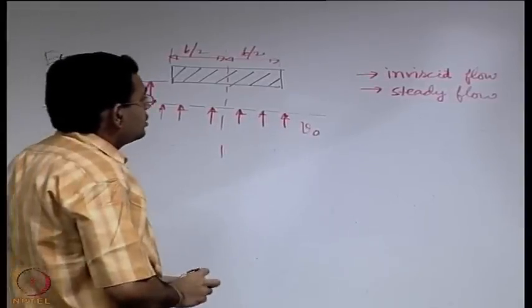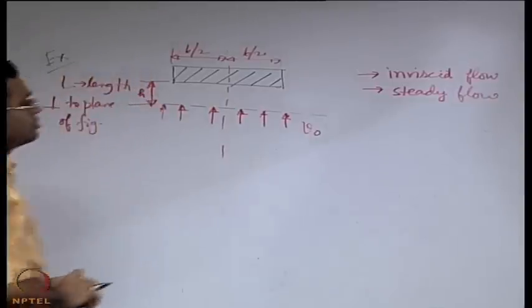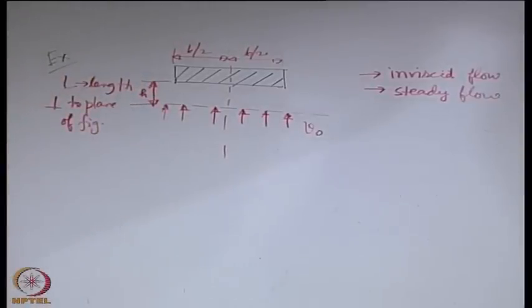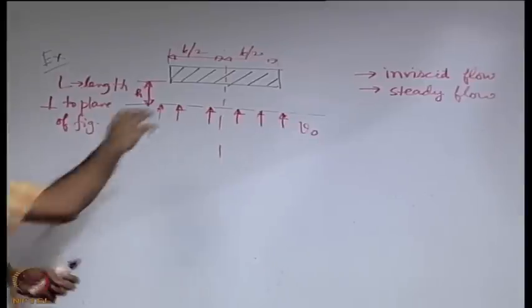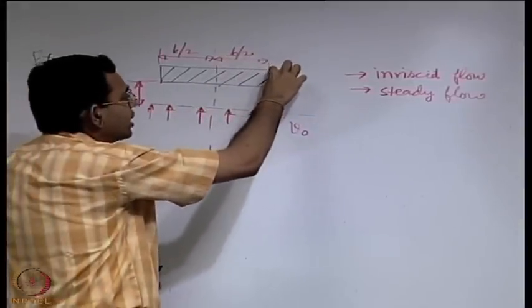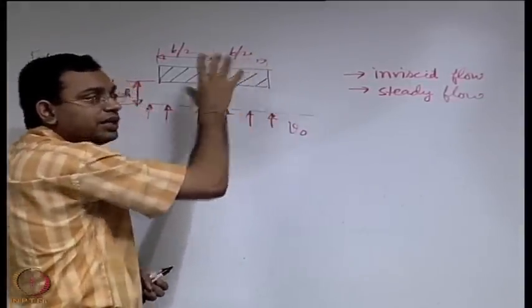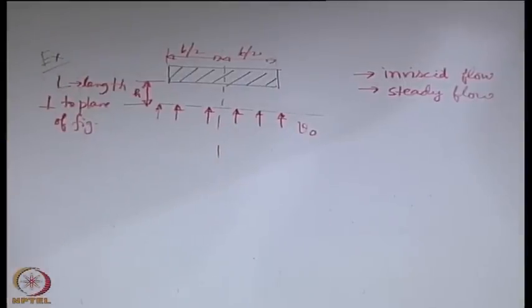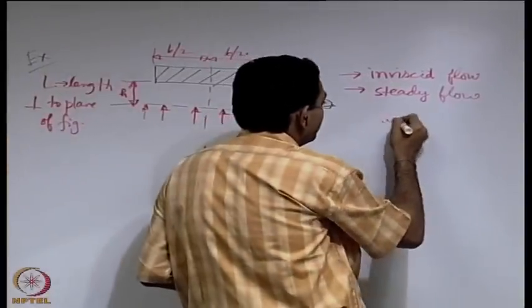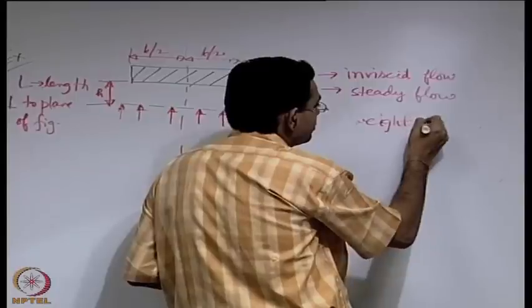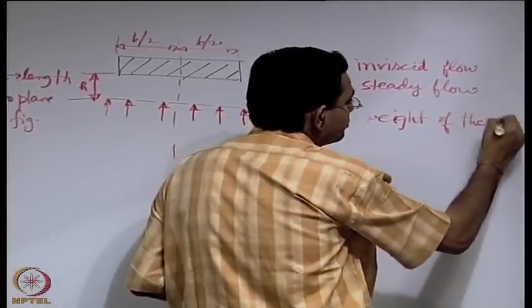We are interested to find out what should be the weight of this plate to keep it in such a position. The weight of the plate, what? The density of the fluid is given.